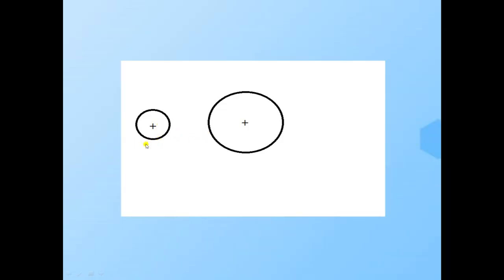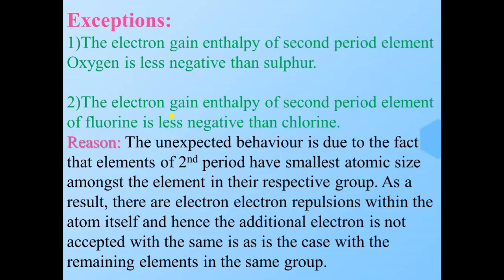The same answer applies to oxygen and sulfur. You can consider this atom as oxygen and this as sulfur. Due to the small size of oxygen, there will be electron-electron repulsion, due to which less amount of energy is released when we add an electron. So you can see the answer.